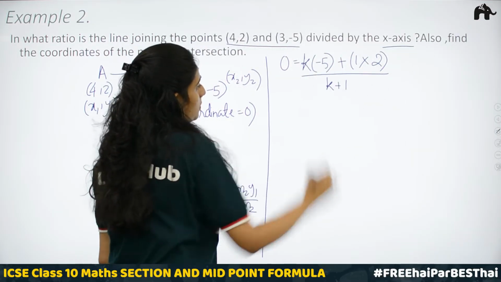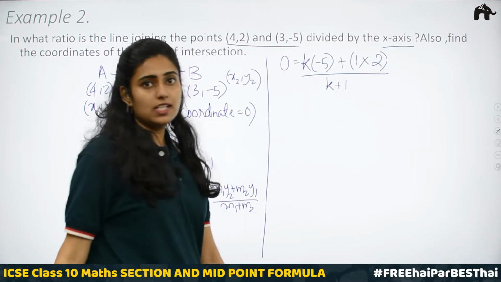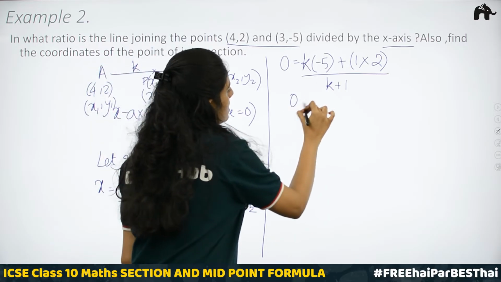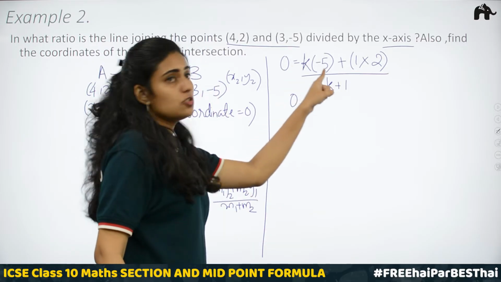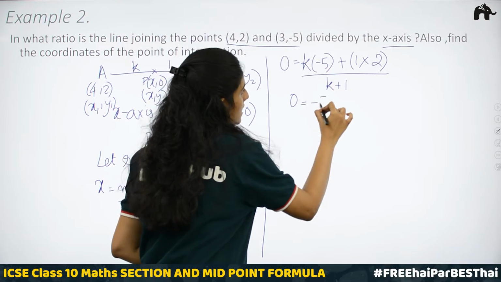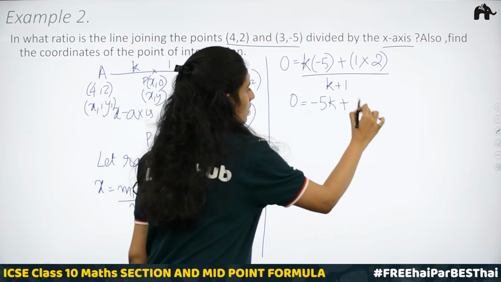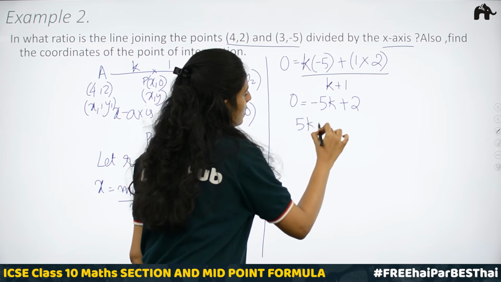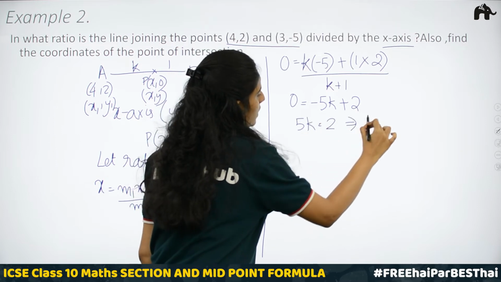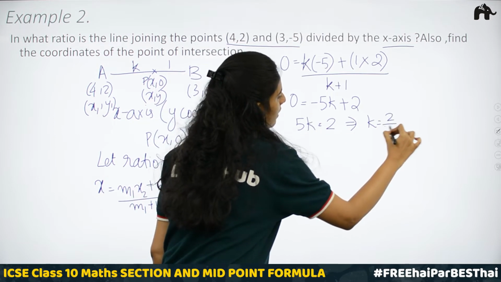Taking this to the opposite side, 0 into k plus 1 is 0, is equal to k into minus 5, minus 5k plus 2 into 1, 2. Or 5k is equal to 2, from which we have k is equal to 2 divided by 5.